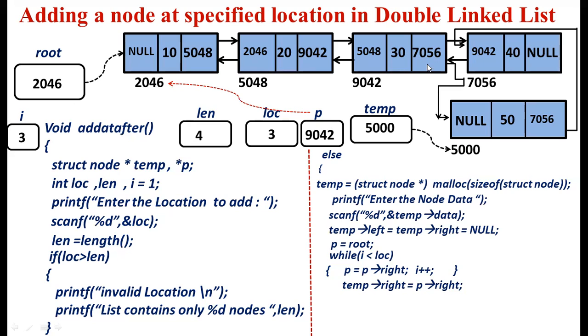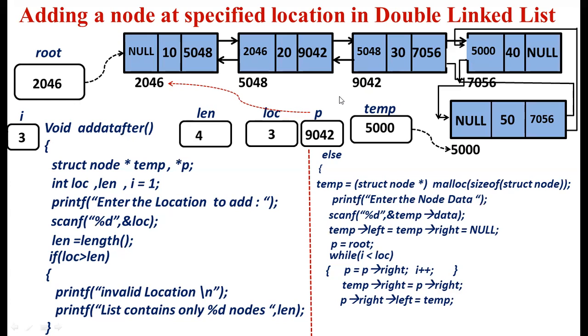So P to right is this. The right's left side value we are storing with the temp value. Understood? So this is the connection, how we have to give. By doing that, here we are assigning P to right to left with the temp value. So both the connections got established.